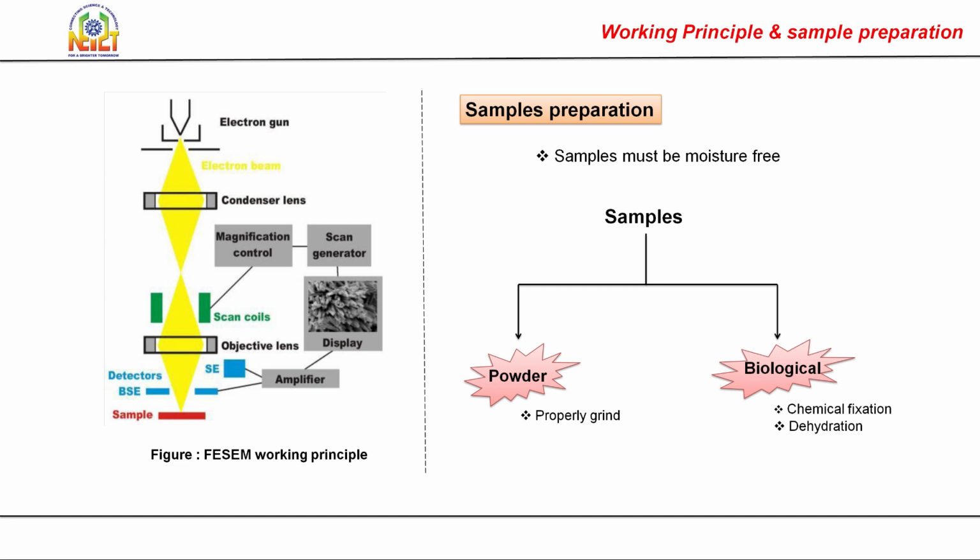The angle and the velocity of these secondary electrons relate to the surface structure of the object. A detector catches the secondary electrons and produces an electronic signal. This signal is amplified and transformed to a video scan image that can be seen on a monitor, saved and processed further.